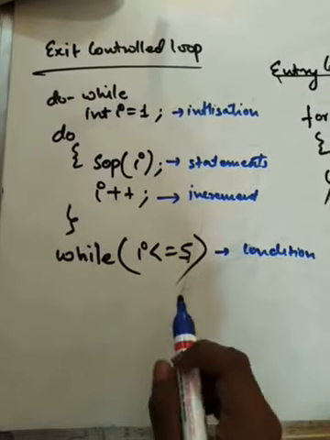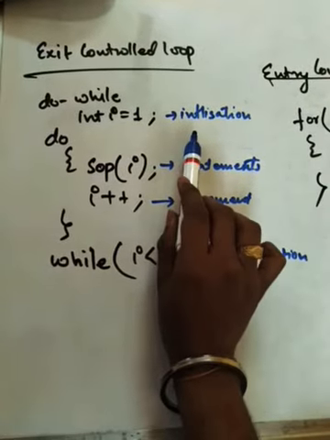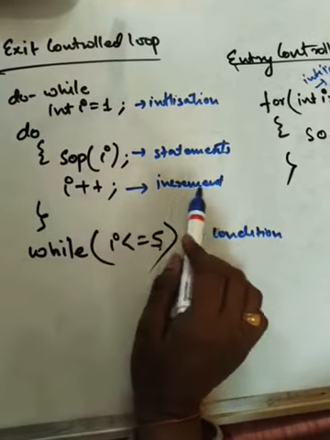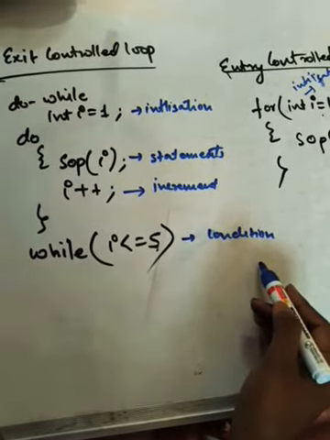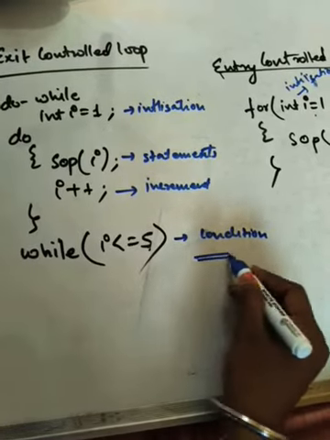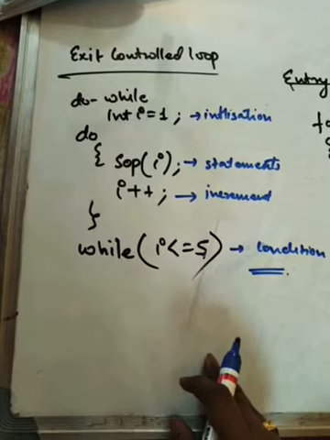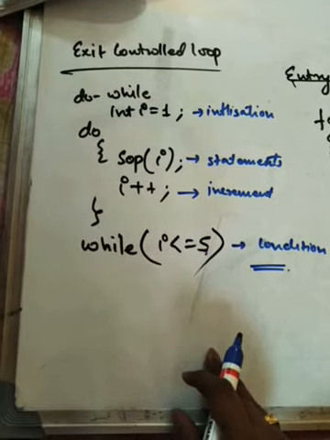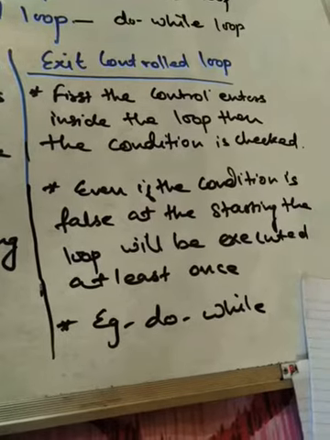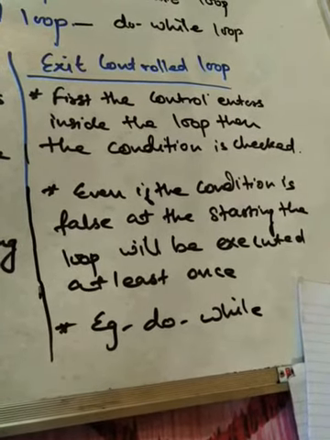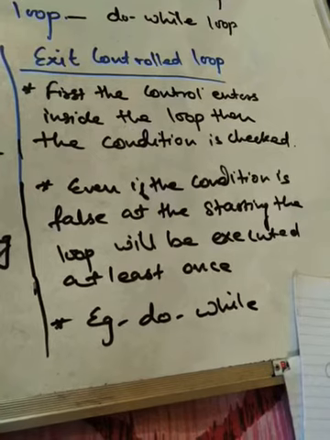The first step is initialization, then do, print statement, increment or decrement, and then the condition. The condition shifts towards the last in a do while loop. Understood? So in the exit control loop, what was the first point? The control first enters inside the loop, then the condition is checked.